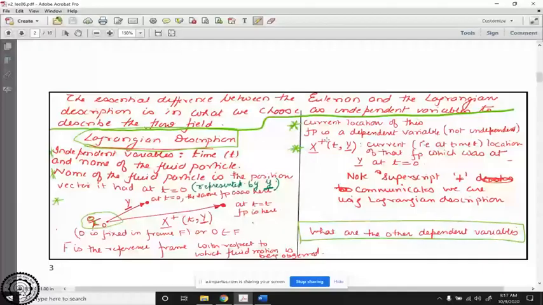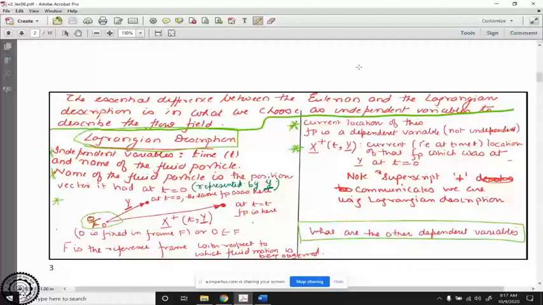So that is a cue to the reader that plus means we are talking about Lagrangian description. All right. So x plus, the current position vector of the fluid particle, is a dependent variable. I hope you see the sense in it, because I'm not choosing that independently. I'm choosing y independently. Okay, identity.